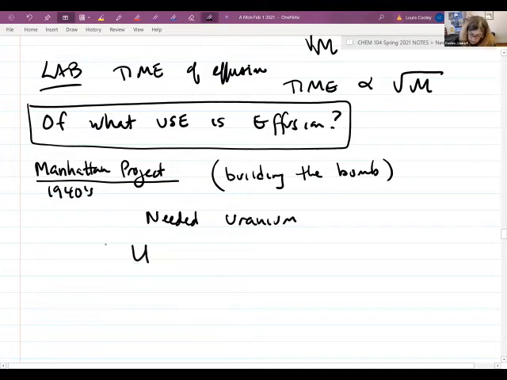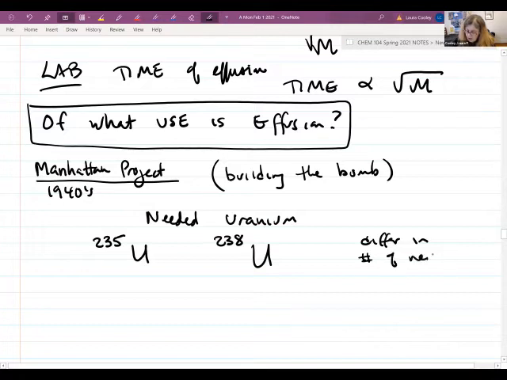You have uranium with a mass of 235 and uranium with a mass of 238, and they differ in the number of neutrons. They have the same electrons, the same protons. But anyway, U-235 is the radioactive one, and this is 0.7% in nature. We call that the natural abundance.